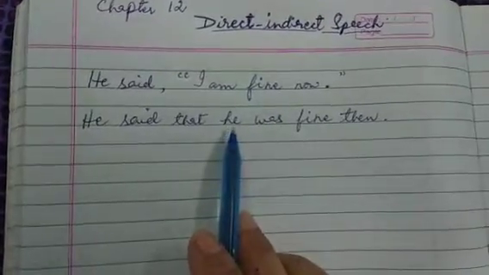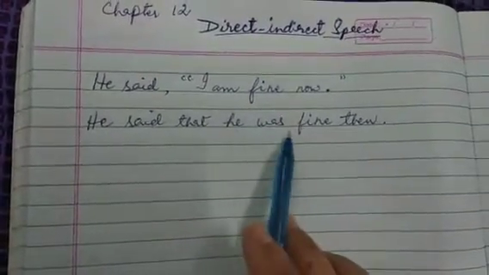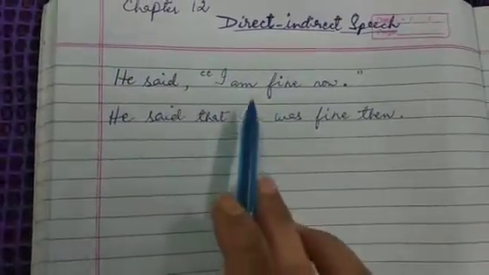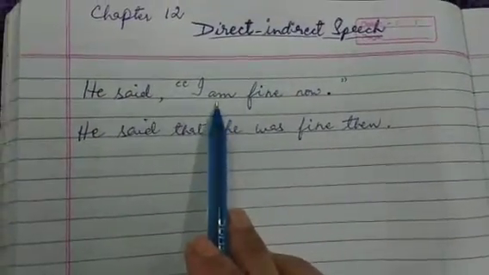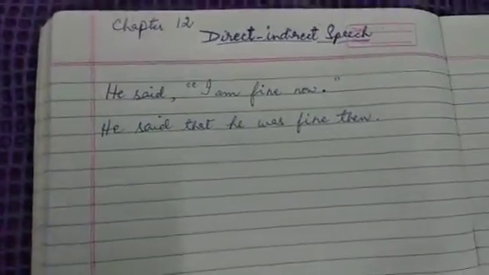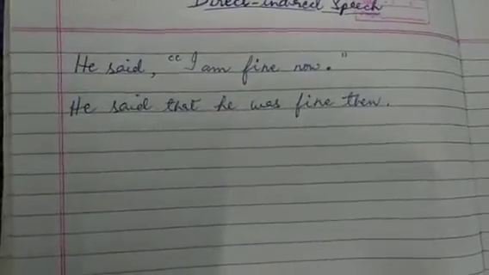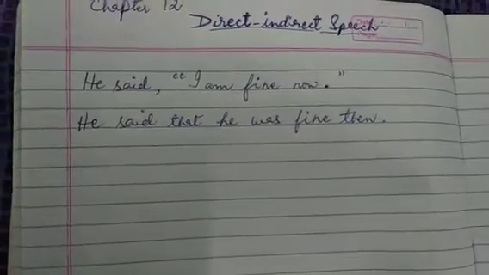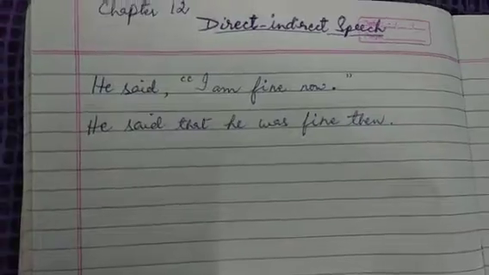It is changing into he said that he was fine then. So this am is changing into was. So it shows that simple present changes into simple past. So these rules first we need to understand, and we have to be very attentive in understanding the rules of converting direct speech into indirect speech.